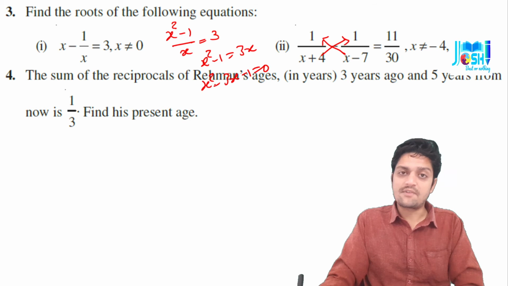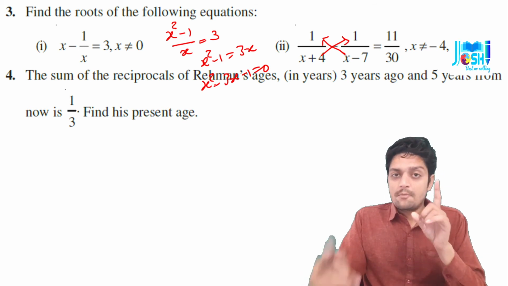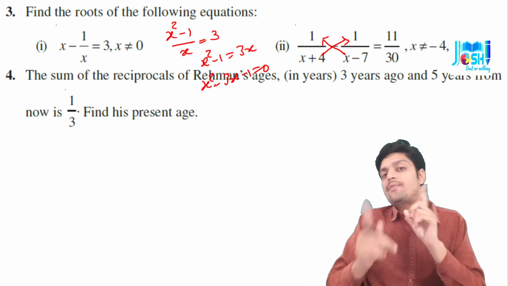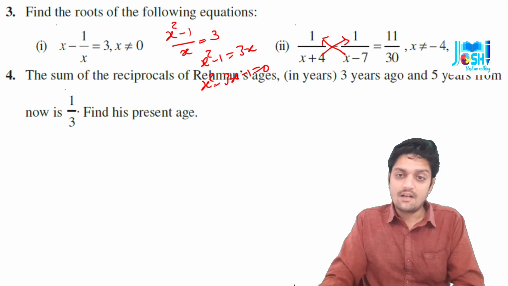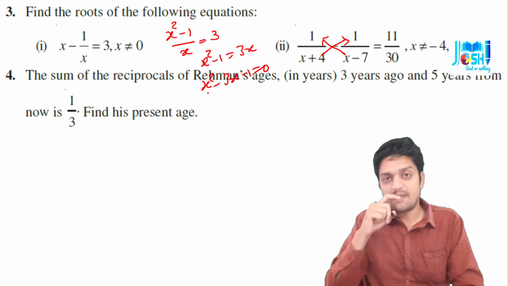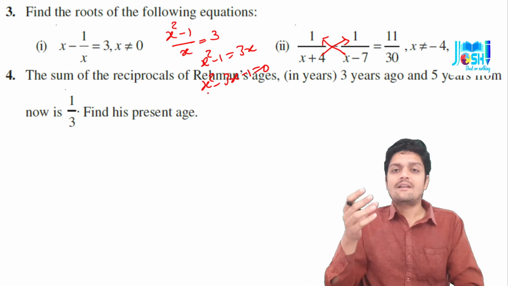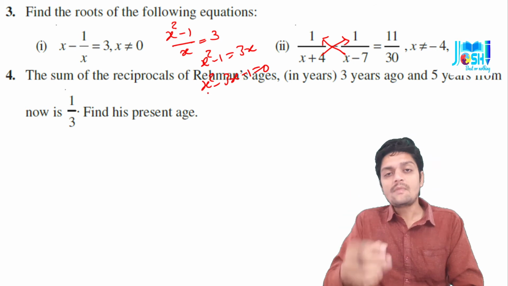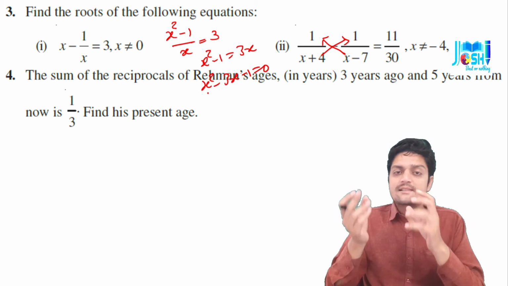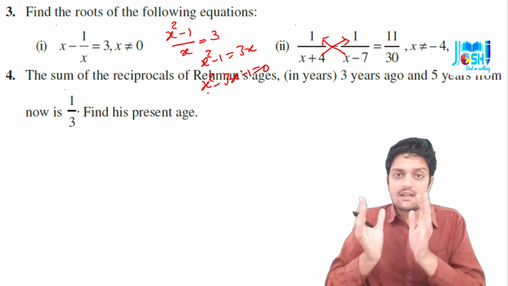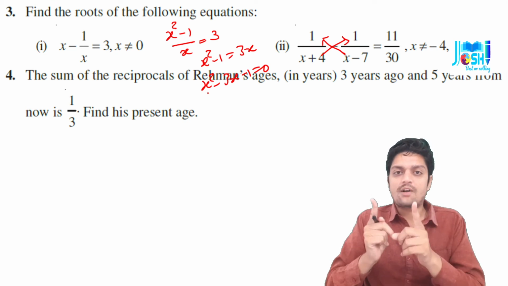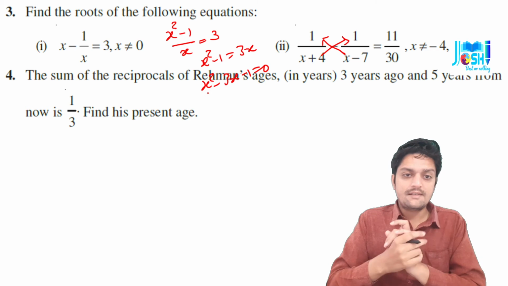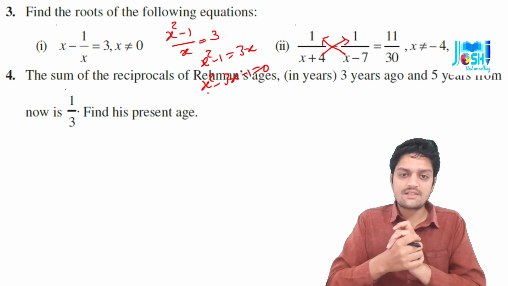Now you can get the answer by factorization method, but that is a little bit hard, because here you have to find factors whose sum is minus 3, so that is really hard. By factorization or splitting method you will not get the answer, so here you have to use the quadratic formula method.